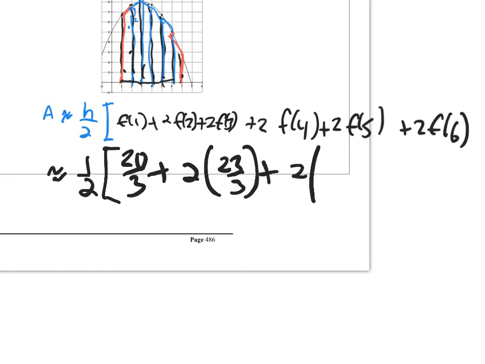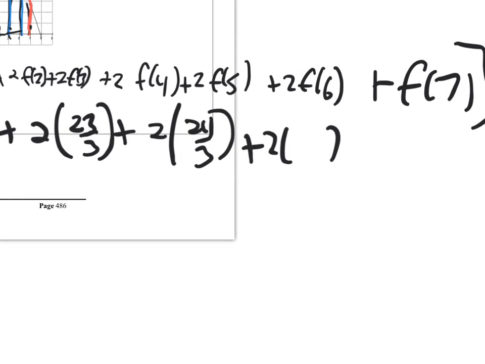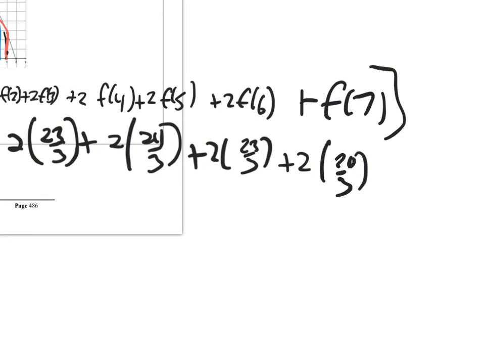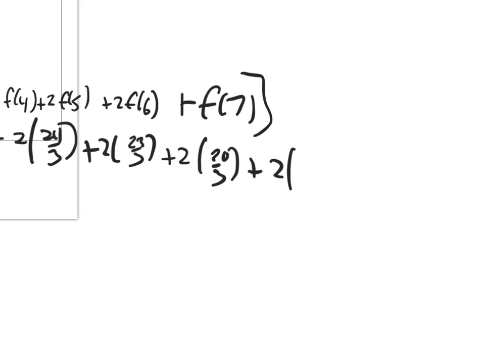Then 24/3. Now 2 f of 4s. Now 2 f of 5s. 2 f of 6s. 13/3. I don't remember that one. And then 1 f of 7.